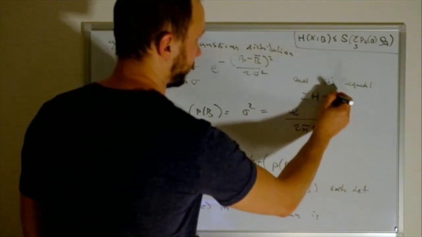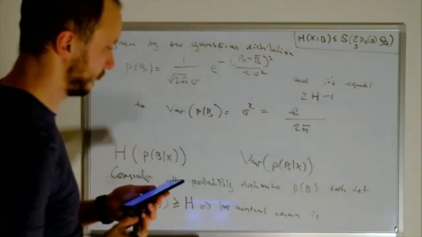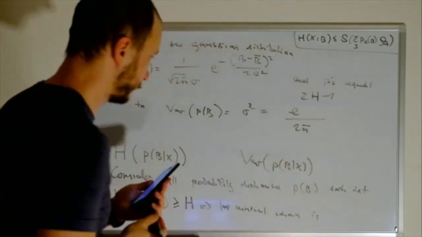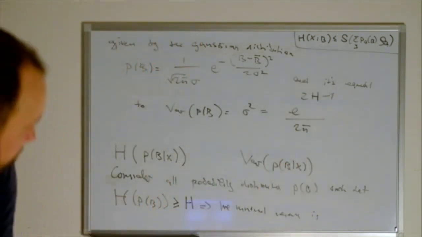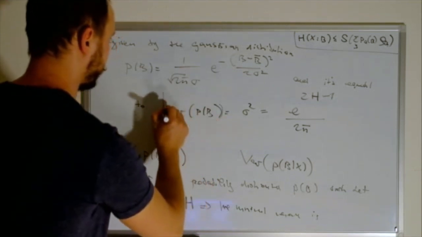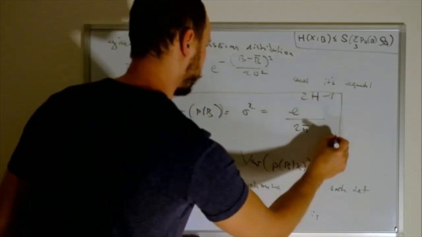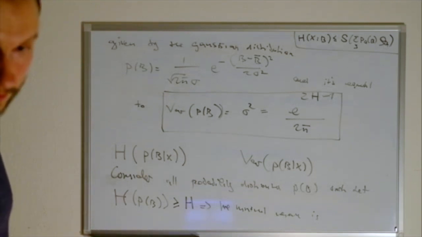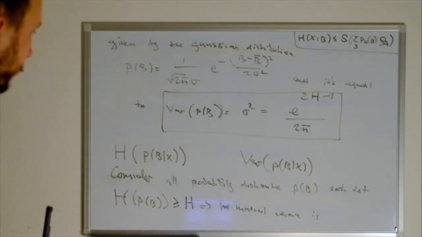So we can write it like this, minus 1. Nice. I think you prove it in the exercise because it's a very nice result in general to know that the Gaussian distribution is nice because it gives us the minimal variance for a fixed entropy.